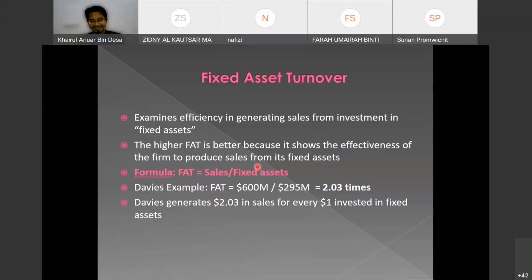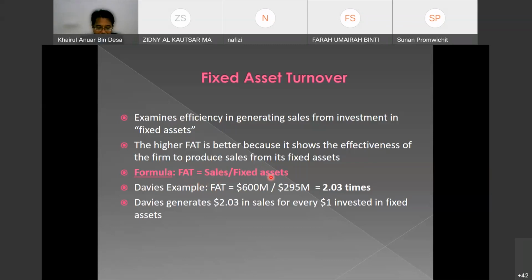Mesin kita sentiasa bergerak 24 hours, tak berhenti to produce our products. 24 jam mengeluarkan produk sebab jualan meningkat dan sebagainya. Tetapi kalau hari ni shutdown, besok jalan, hari ni jalan 3 jam, besok jalan 4 jam mesin, maksudnya kita beli mesin tersebut not worth. So, sebab tu dia menggunakan sales ini untuk ukuran.